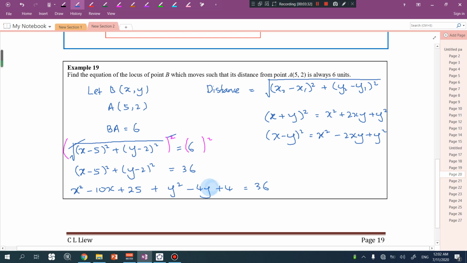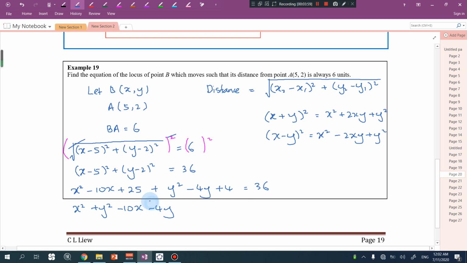So next thing, we try to arrange nicely. Normally we like to write x square, y square, xy followed by number. So this is x square, and then we have positive y square, then minus 10x minus 4y. Here we have 25 plus 4, which is equal to 29, then minus 36.